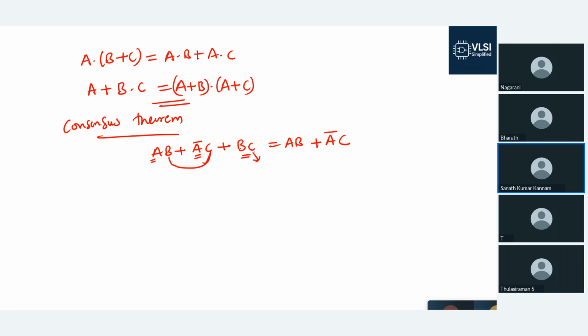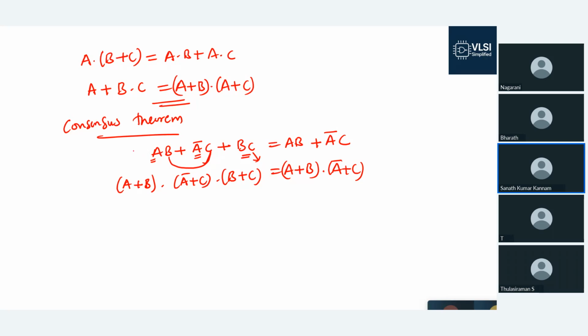This becomes redundant. So you'll get only these two terms, that is AB or A bar C. And what is the dual of this one? (A or B) and (A bar or C) and (B or C) equal to what? (A or B) and (A bar or C).